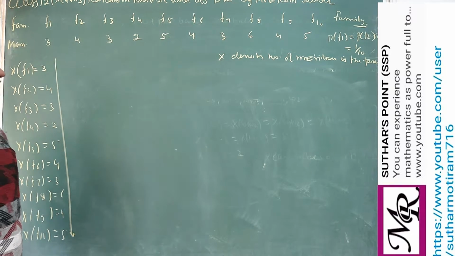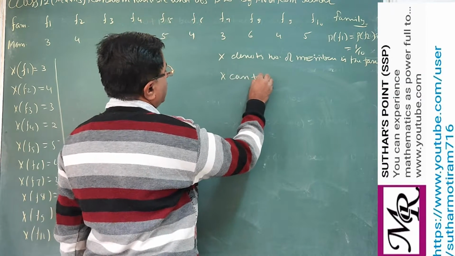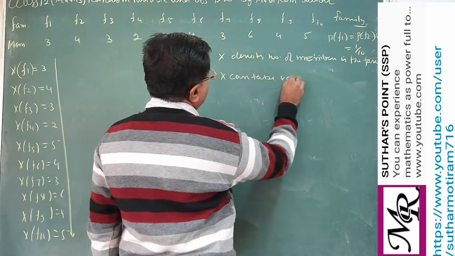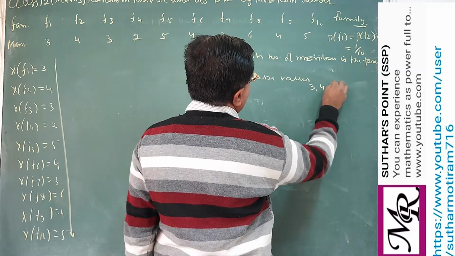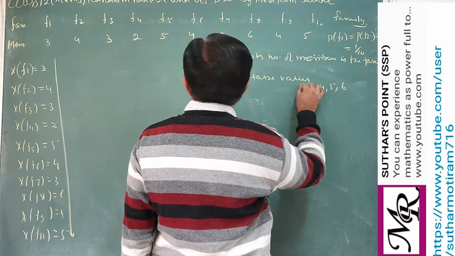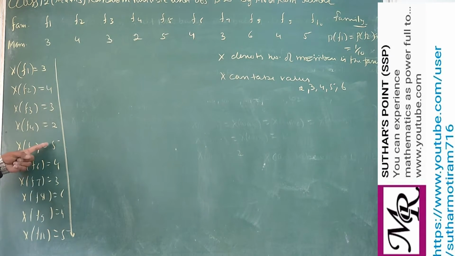So x can take values. What values is x taking? 3, 4, 5, 6 and 2. X has a minimum value of 2, then 3, 4, 5 and 6. So x is a random variable. Clear?